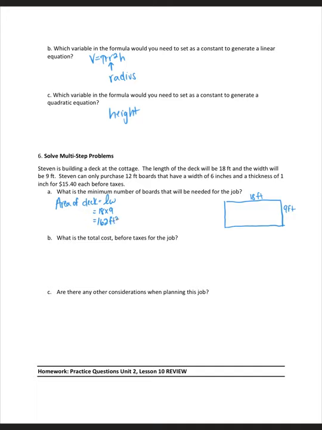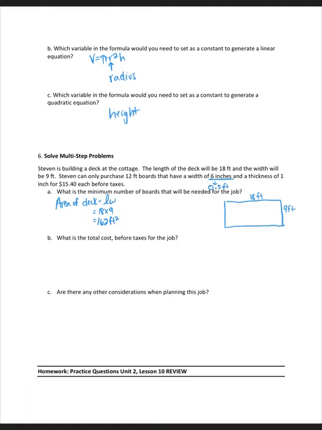Now it says that we can use boards that are 12 feet, and have a width of 6 inches. Keep in mind that everything so far has been in feet, so let's make sure that our width is in feet as well. 6 inches is the same as half a foot. So these are going to be 12 feet by 0.5 feet.